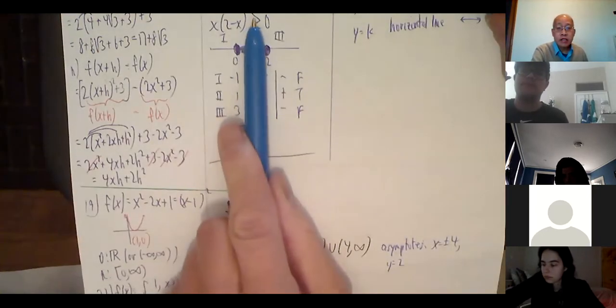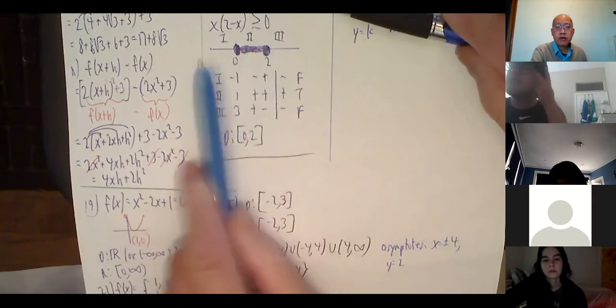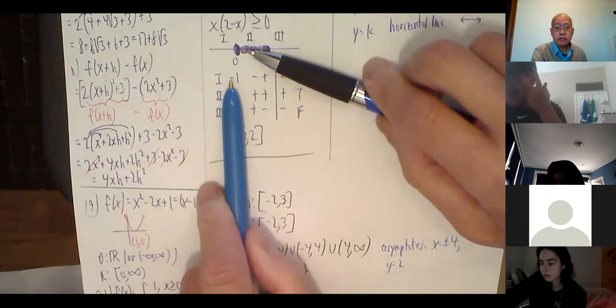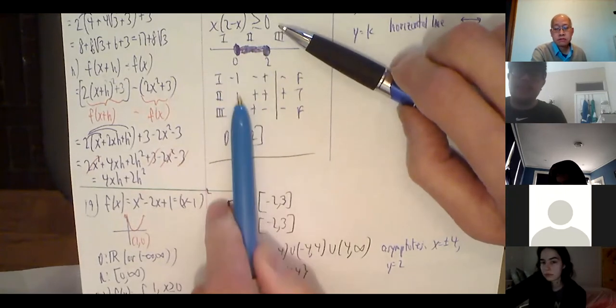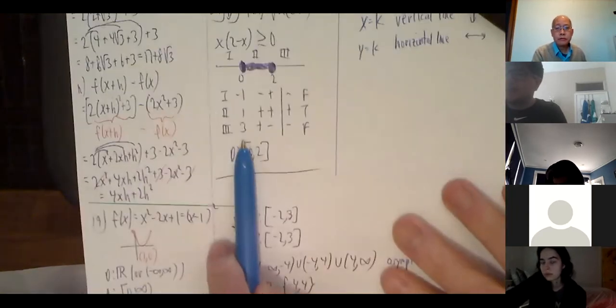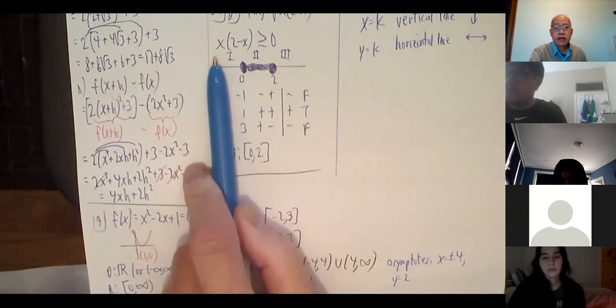And then once again, 3 regions. We don't know that this is shaded yet, but region 1, 2, and 3. So pick a number here, -1. Pick a number in the middle, 1. Pick a number here, 3. Plug in and just check the signs. We don't need the exact value.